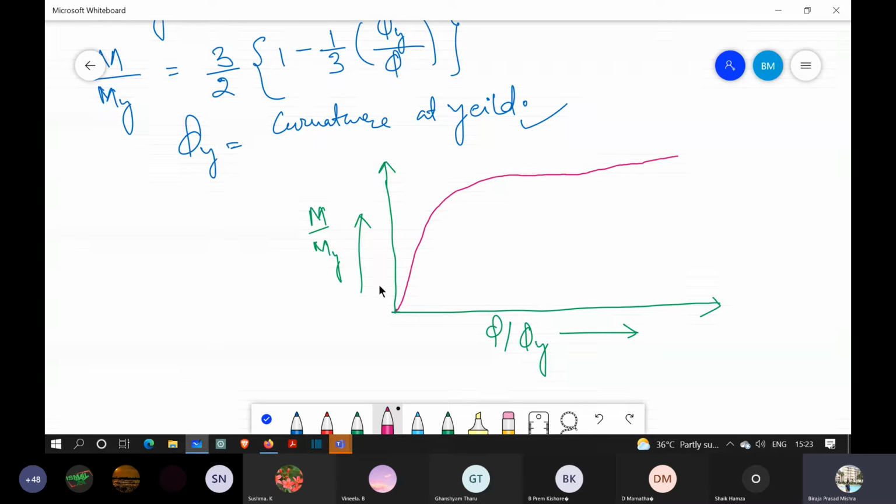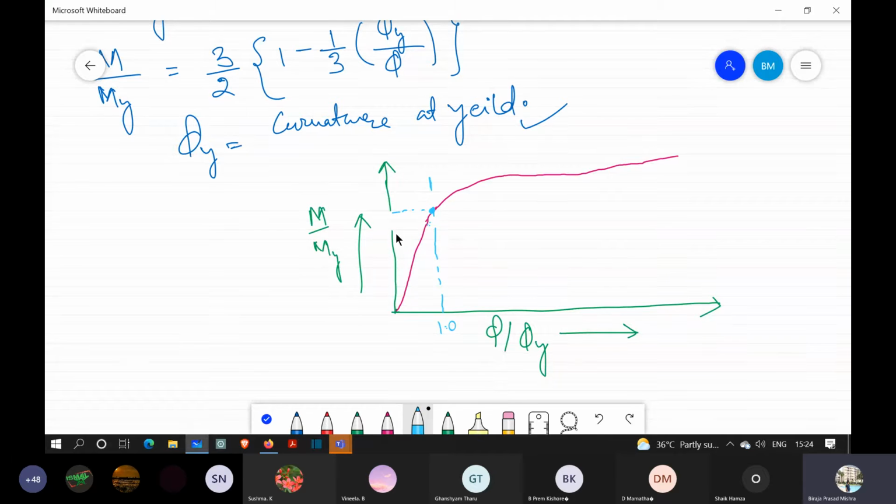Okay, now at zone 1, sorry, no, zone 1 will not be here, it will be just a little bit above. So zone 1 will be somewhat here, and here it will be, this is for zone 1.